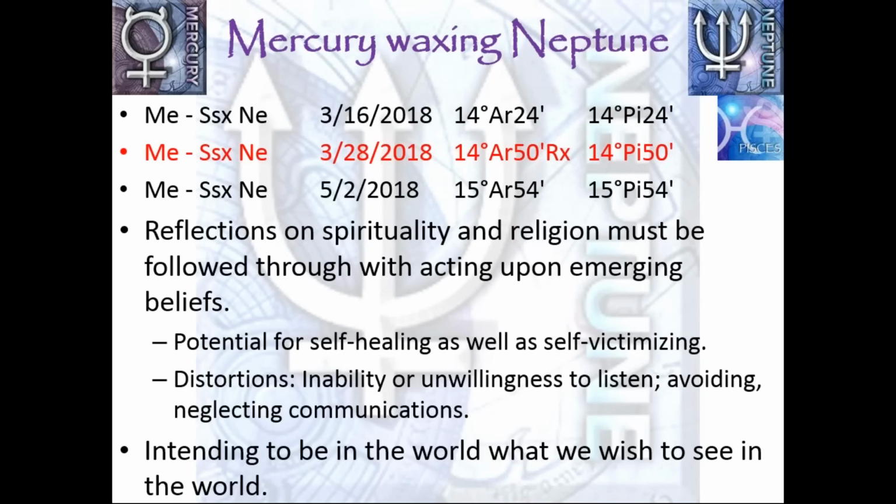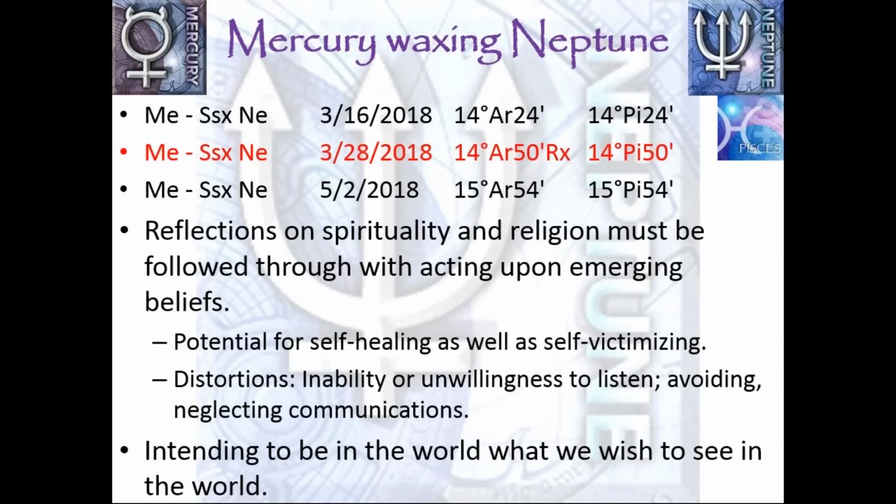Here's the other aspect that's not in the calendars. Mercury has moved 30 degrees beyond Neptune, waxing semi-sextile, Aries to Pisces. So anything that we've been reflecting upon through Mercury in Pisces, okay, Jan, Feb, its conjunction to Neptune, I don't remember the exact date or degree, but it's going to be somewhere around 13, 14 degrees Pisces where Neptune is.